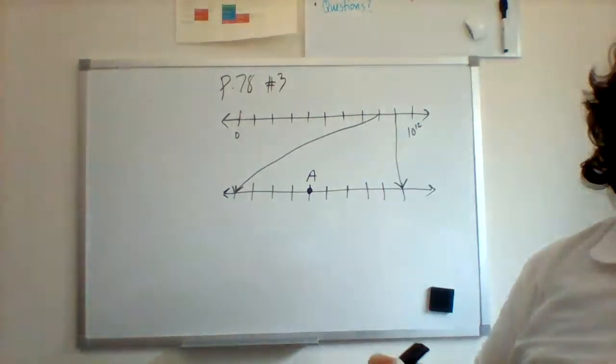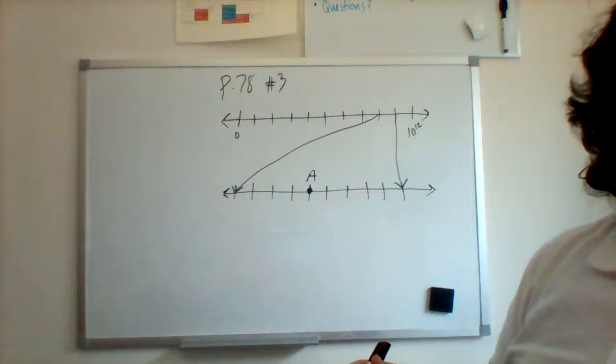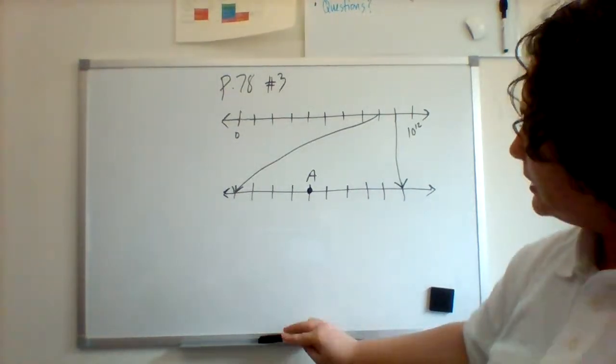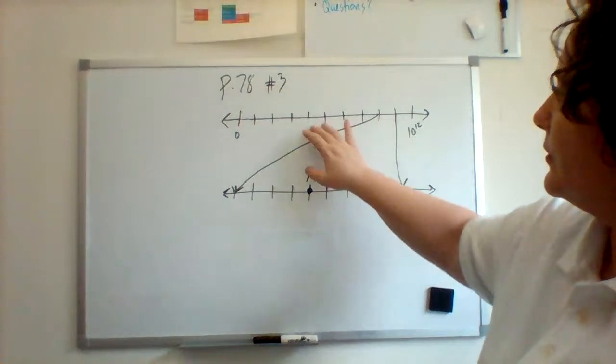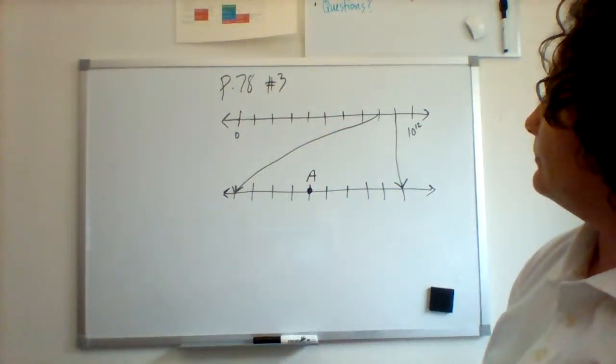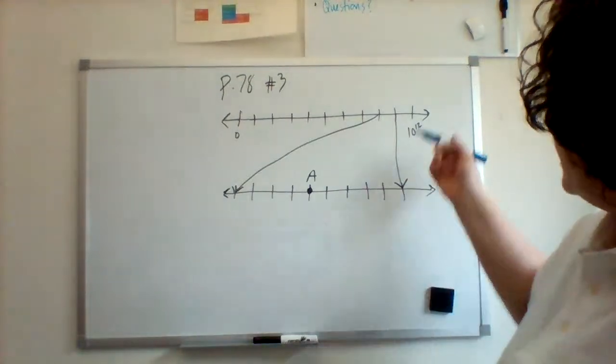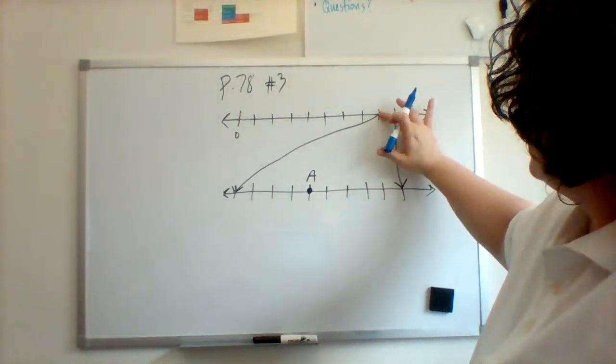Okay, so first thing is first. You have to be able to make sense out of the diagram, right? And this one and this one, the way that they're connected is by this part right here.